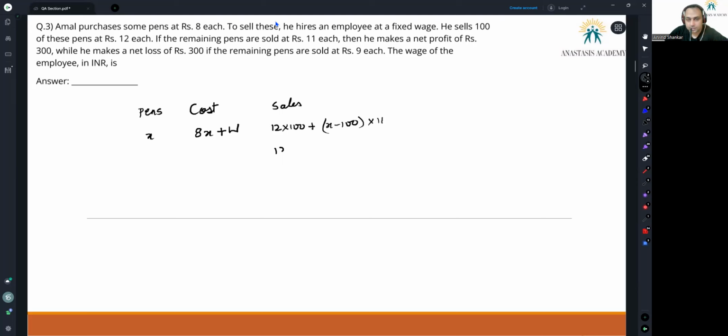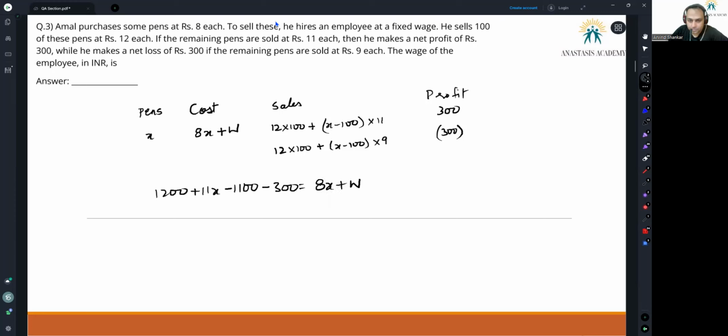In the second case, first 100 pens, he still sells at 12. The rest of the pens, he sells at 9 rupees per pen. In the first case, he's getting a profit of 300. In the second case, he's getting a profit of minus 300. So we have our expressions. Let's work it out. 1200 plus 11x minus 1100 minus 300 is equal to 8x plus w.